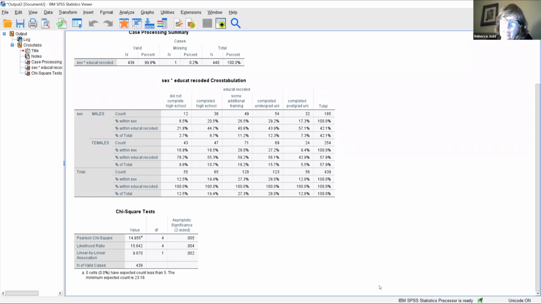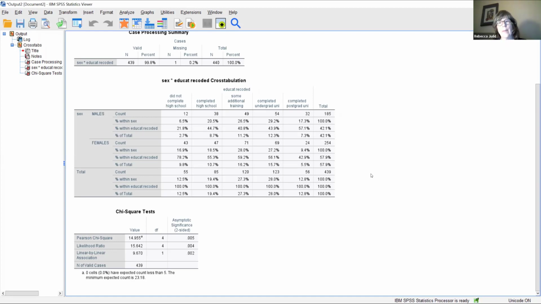And what chi-square does is it looks at the observed. This is the observed, so this is the actual number of individuals who responded this way, and it compares it with what would be expected. What would be expected if there was no difference between males and females in educational attainment, if it was not significant.